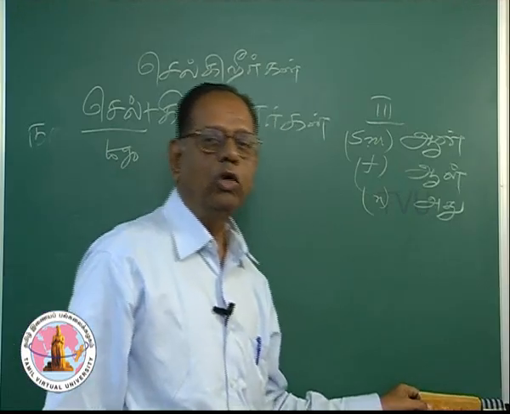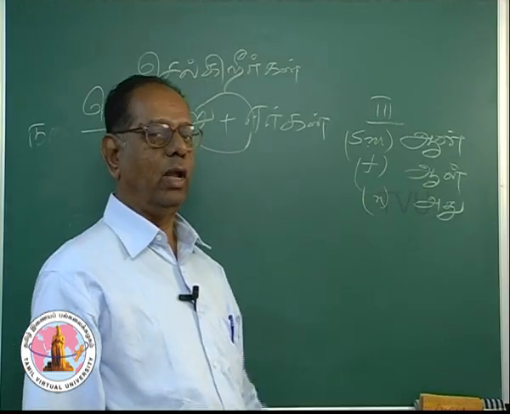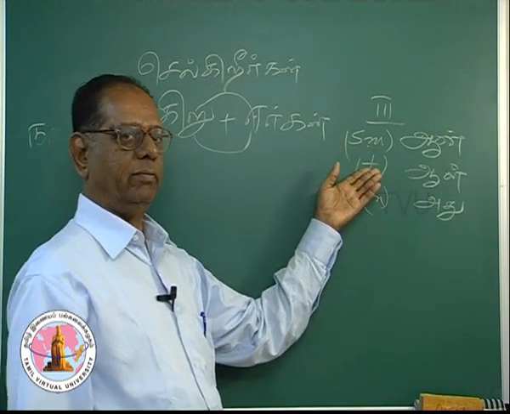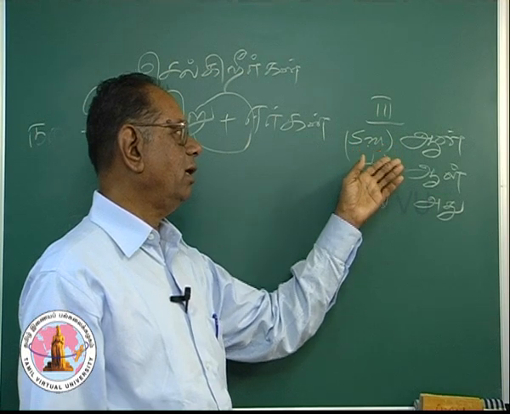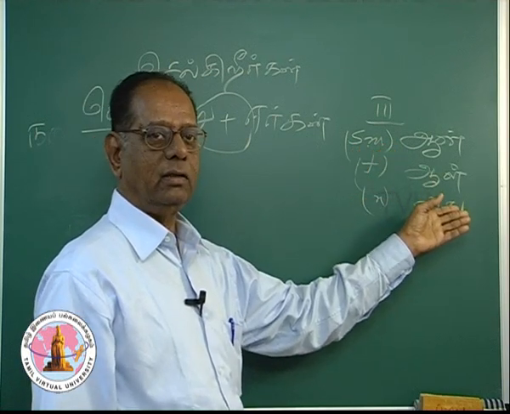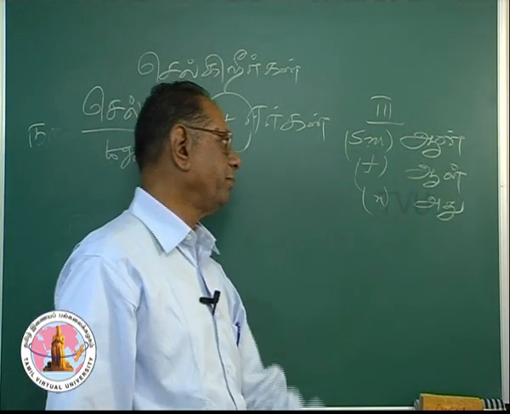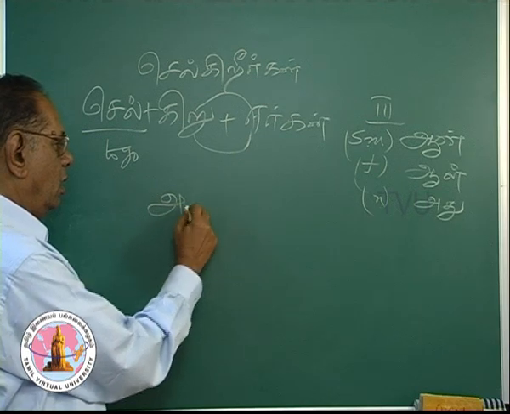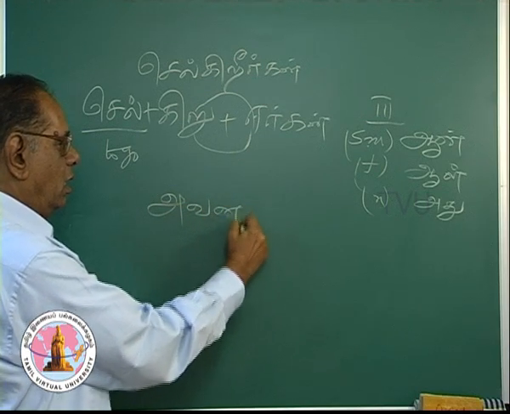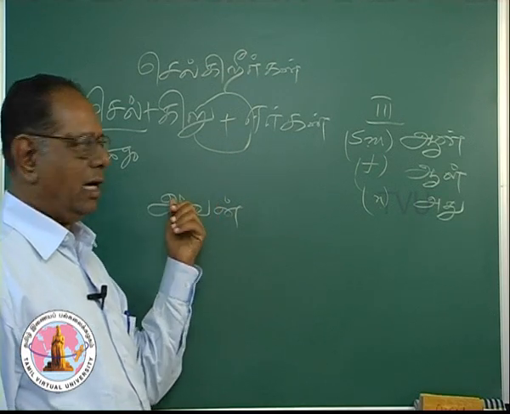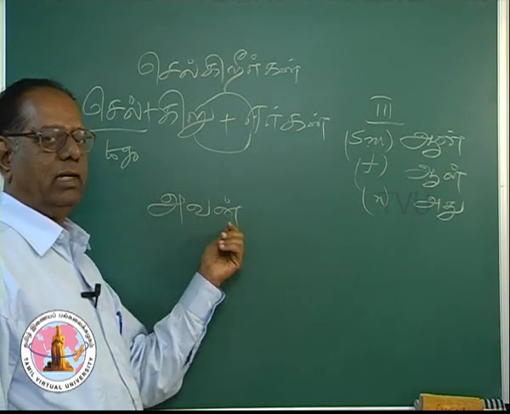When we move on to third person singular, you have to remember the gender. Whether it is masculine or feminine or neuter, the suffix will differ from the other. So, அவன், third person singular, masculine gender.